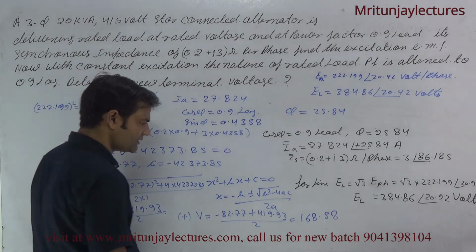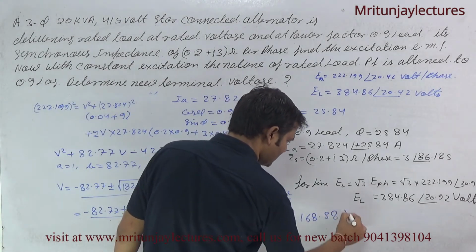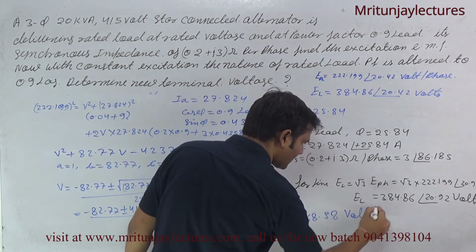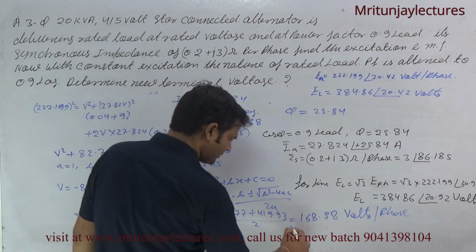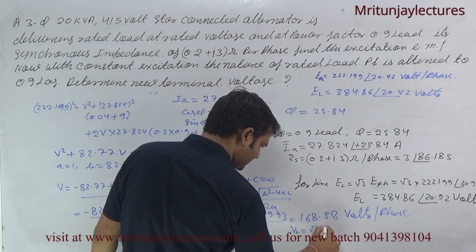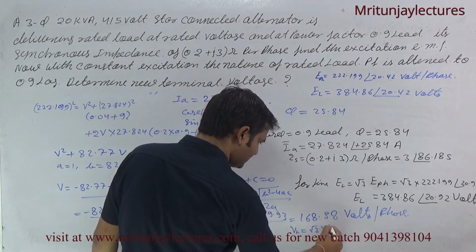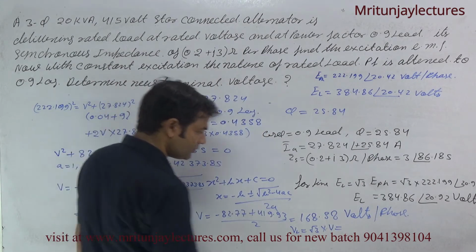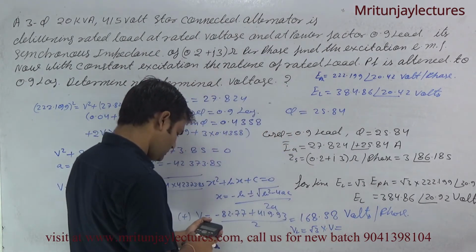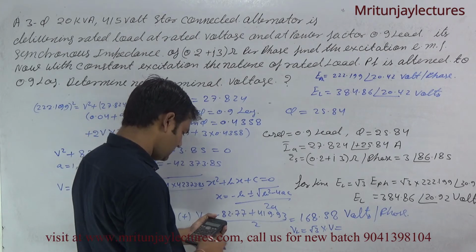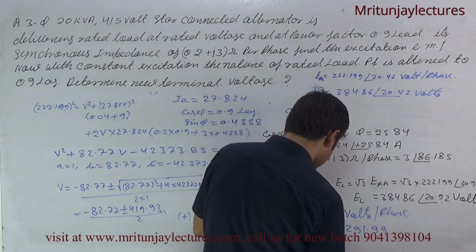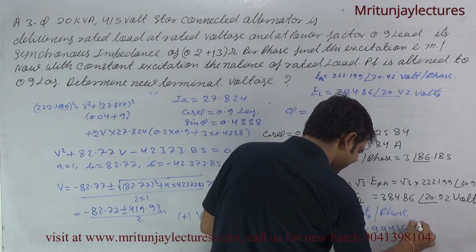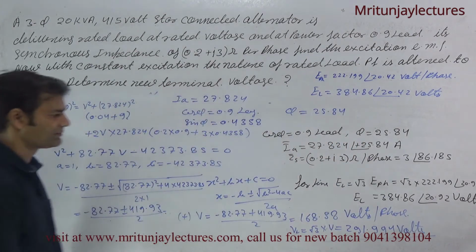That is V, in volts per phase. So what about VL? If we want VL, then VL is equal to root 3 into V. Multiplying by root 3, we get 291.994 volt. This is the final answer.